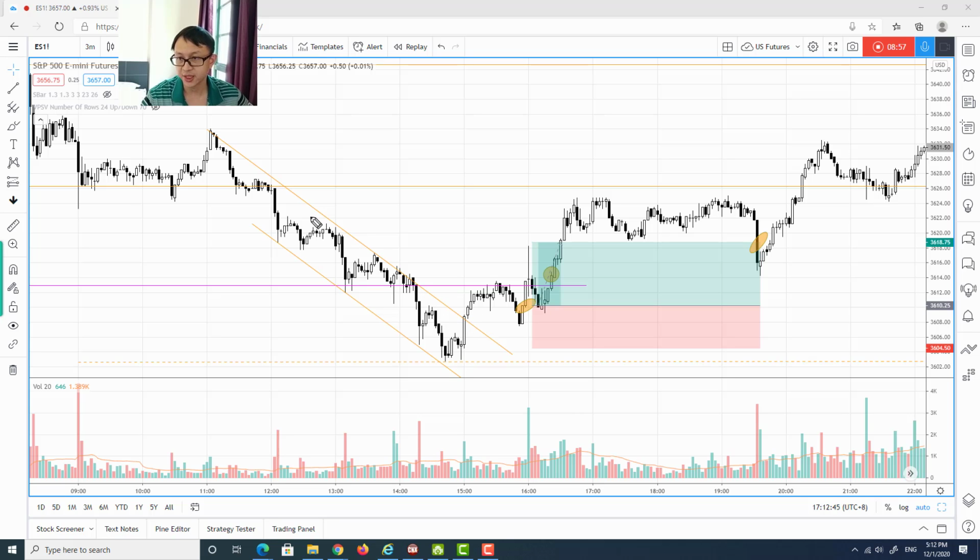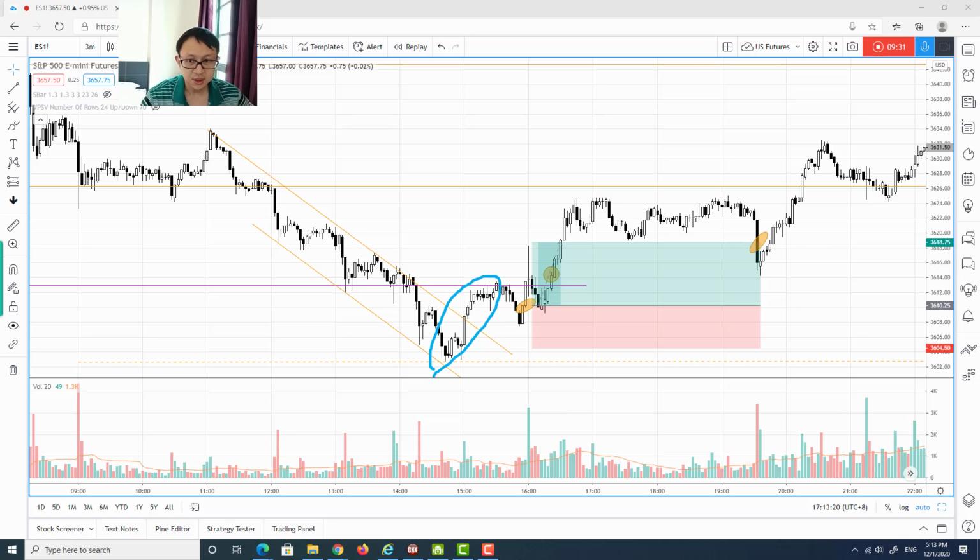Unlike the previous down channel, where all we see is supply dominating because it just formed a lower low and lower high, and the down move is impulsive while the up move is a bit of a corrective context. So now we have the biggest up wave, and we know that demand is dominating. Will the demand be sustaining and keep dominating?